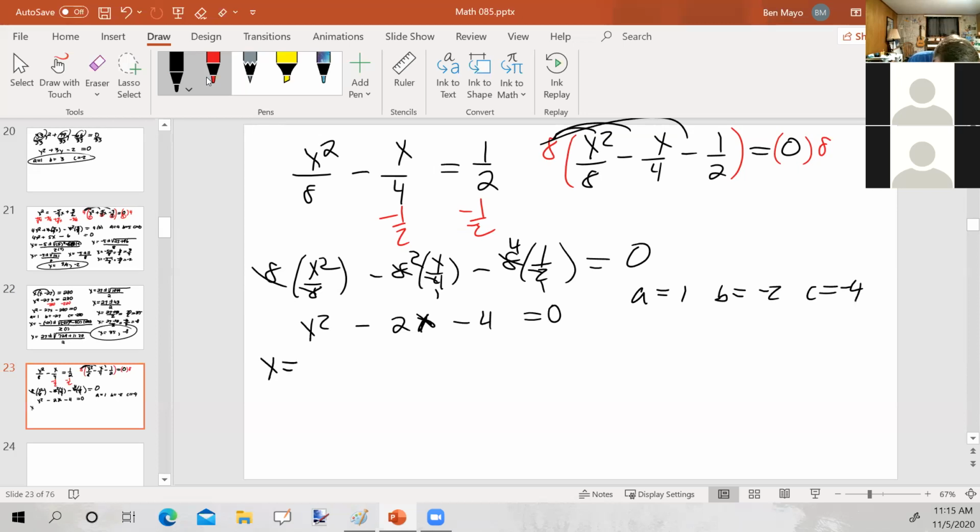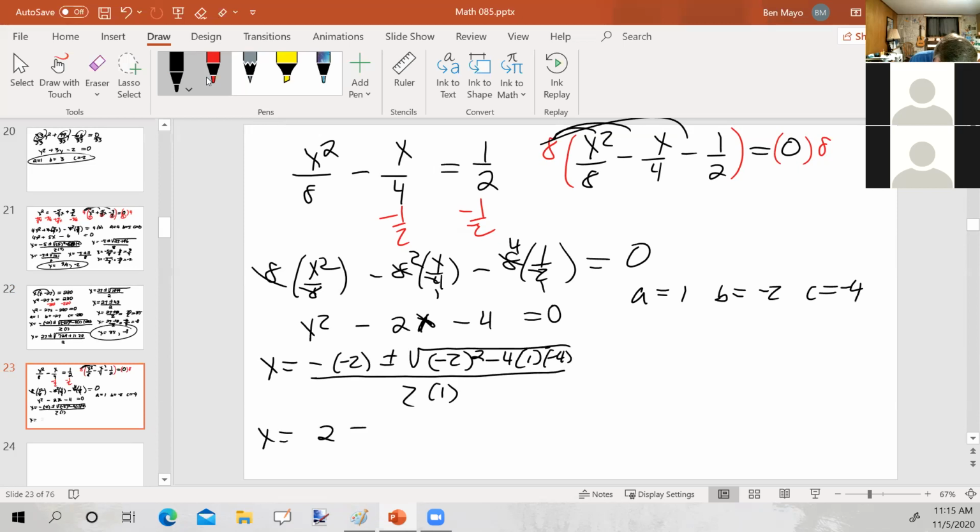So x equals negative b plus or minus the square root of b, the quantity squared, minus 4ac, all over 2a. X equals 2 plus or minus the square root of negative 2, the quantity squared is 4, minus 4 times 1 times minus 4 is plus 16, all over 2.